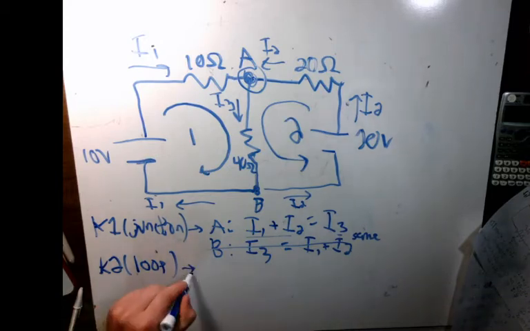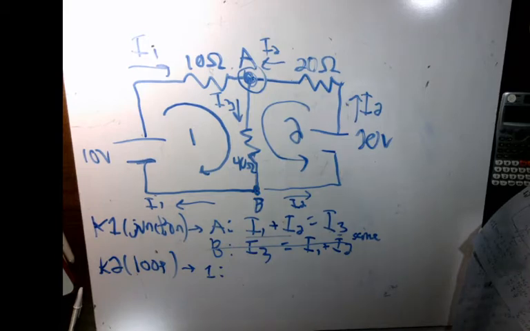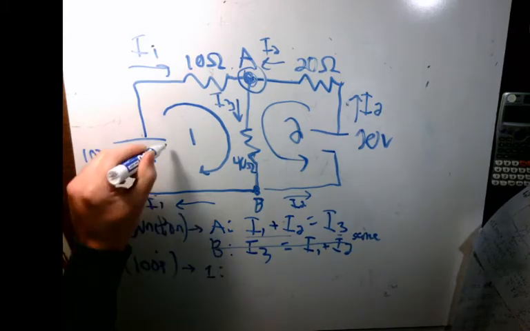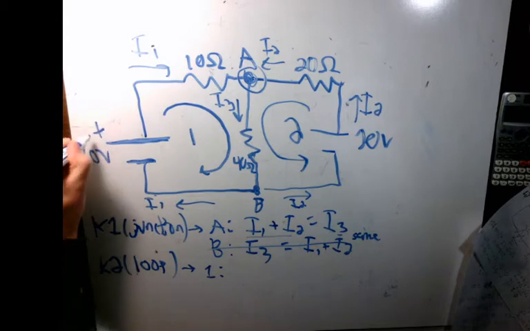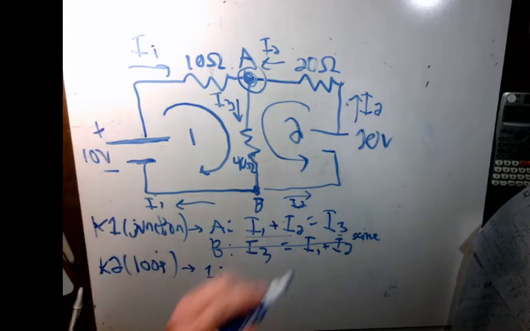So for loop 1, we're going to follow the flow of conventional current, just because that is the conventional way of doing it in your electrical circuit analysis. So whenever you're looking at a cell, the bigger one is positive, the smaller one is negative, right?